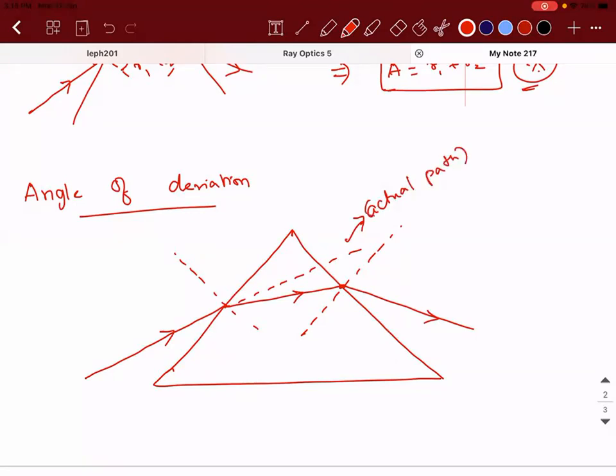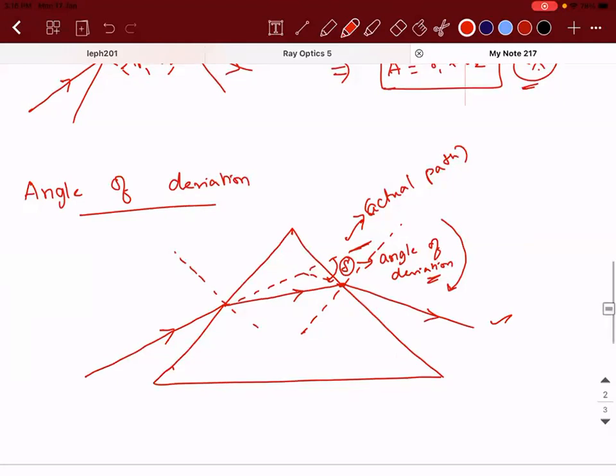Observe what I did. This is the actual path and this is the emergent path. This actual path has taken a turn to come to this emergent path. So if you backtrace this emergent path, you're able to see the angle through which the incident ray had to bend to come out from the second refracting surface. This angle through which the bend has taken place is what is called angle of deviation.